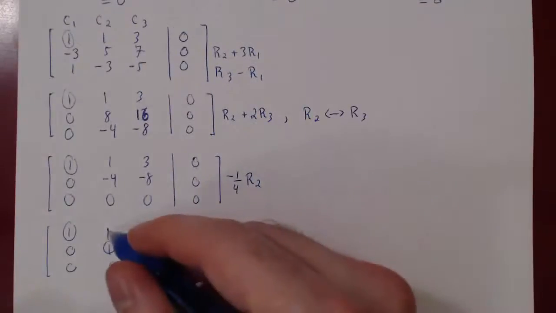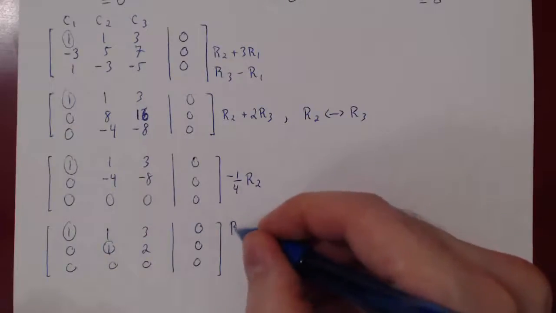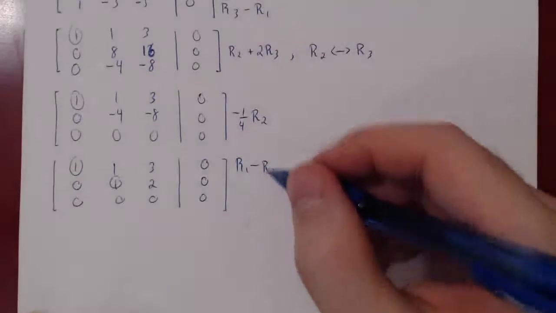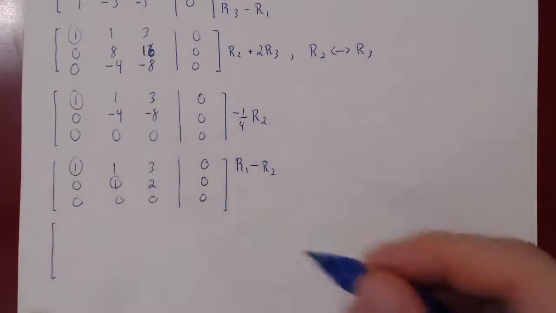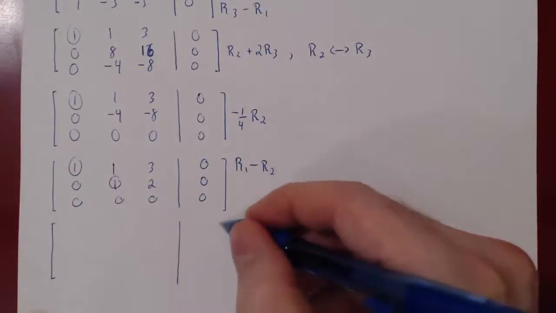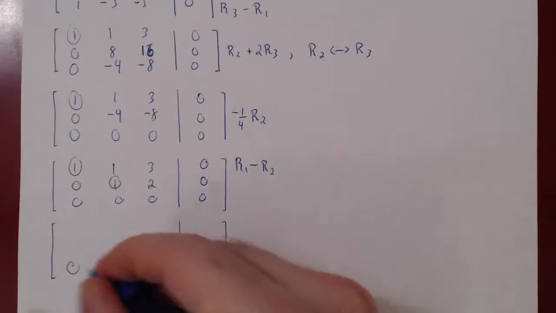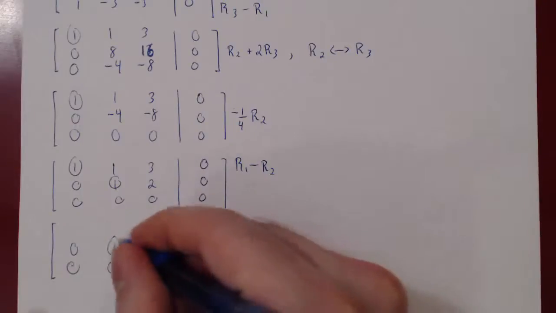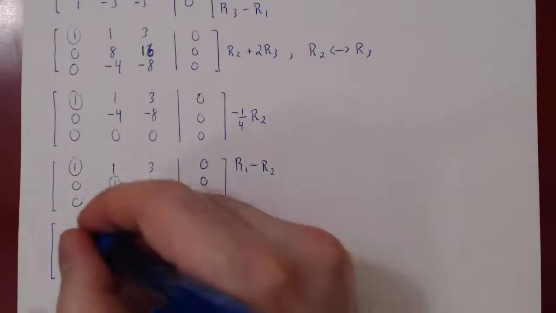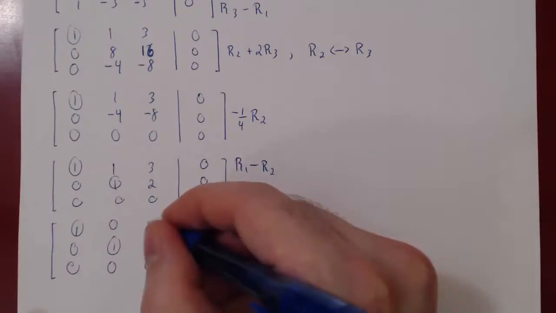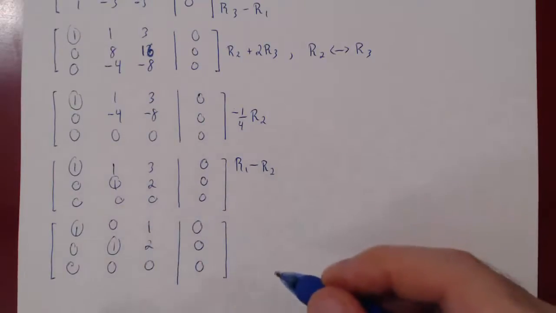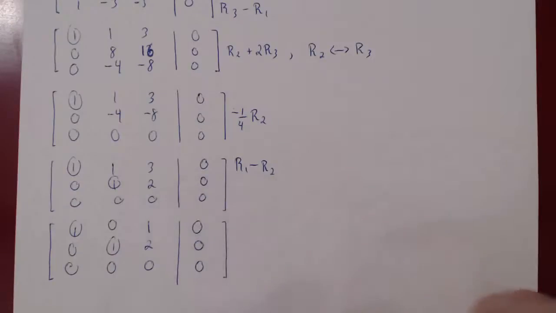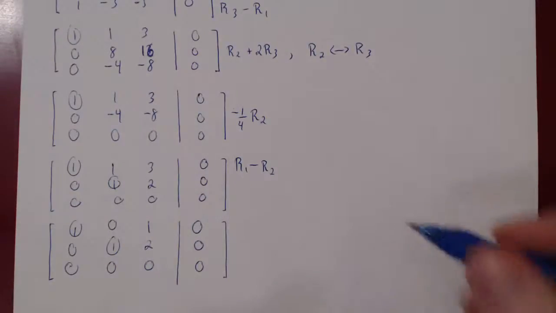And let's kill this 1 by doing row 1 minus row 2. And once again, we will have linear dependence. C3 is a free variable, which will give us an infinite number of solutions.